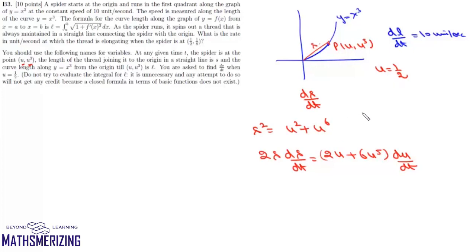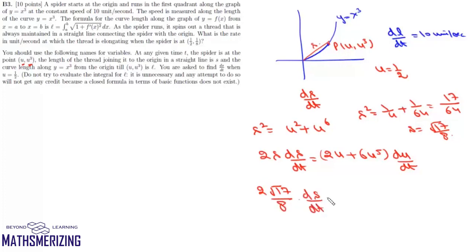If the value of u is 1 by 2, then s square will be 1 by 4 plus 1 by 64. So it will be 64, and then 16 plus 1 is 17. So value of s is under root 17 by 8. So we can write 2 under root 17 by 8 into ds by dt, and it will be equal to 2u.